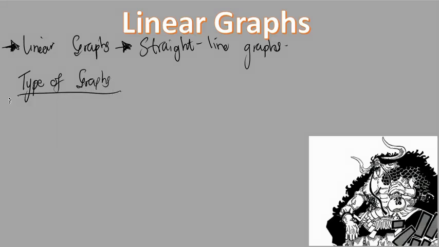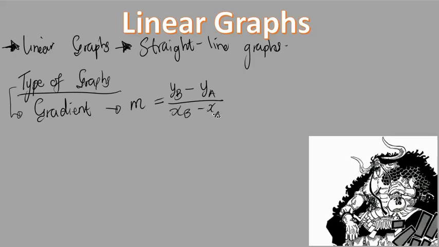Those types of linear graphs will be different, and they're influenced by the gradient. By the way, the formula for gradient is m equals y at b minus y at a, all over x at b minus x at a. I'll go into detail with that soon.